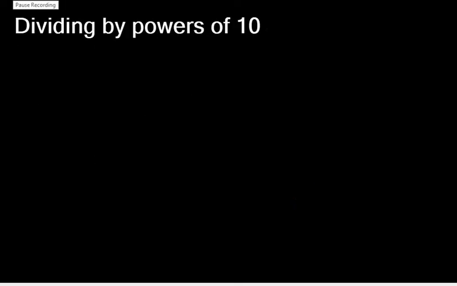Now what happens when we need to divide by powers of 10, such as 100, 1,000 and 10,000? Let's have a look. When we divide by 100, we need to move the decimal point 2 places to the left. So let's look at this number, 36,224.469 divided by 100.